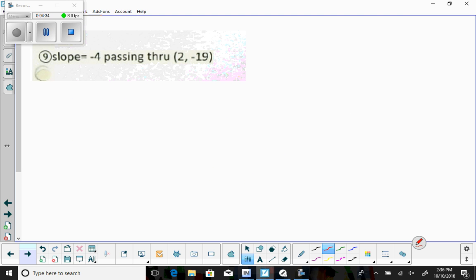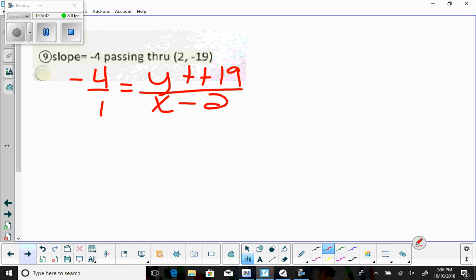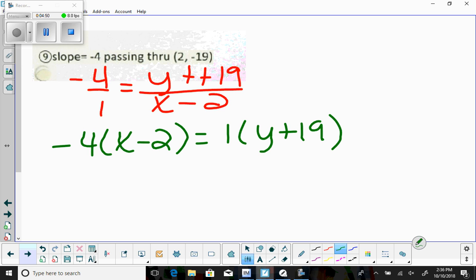Okay, and number 9, start off with -4 over 1, y minus -19, and x minus 2. X comes first because I want standard form. Got ahead of myself there. -4x plus 8 and y plus 19.